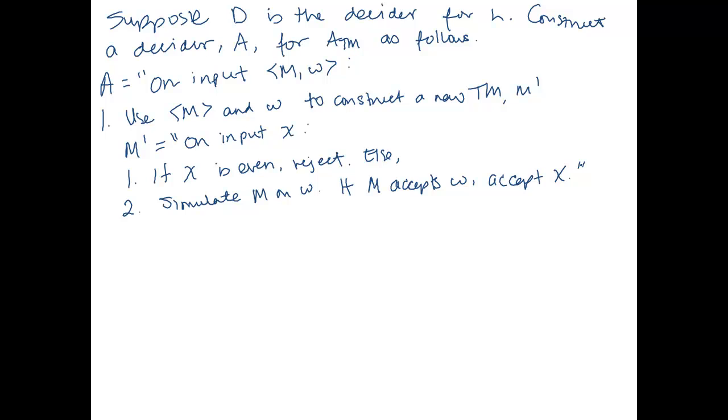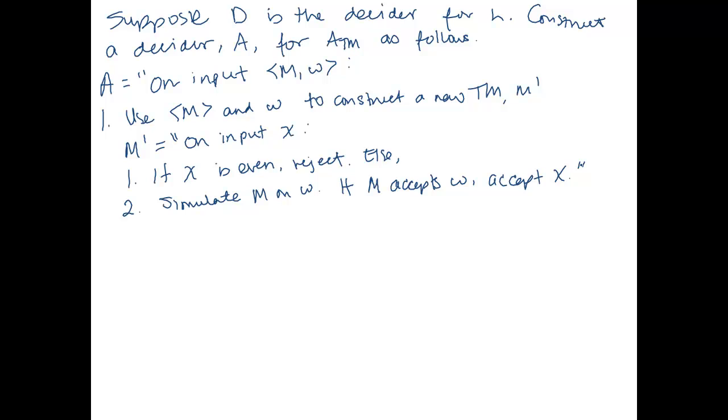Notice that M prime is automatically going to reject all even strings. So if we get to step 2, it's because X is odd. And then after we simulate M on W, we only accept this odd string X if M accepts W. So it will accept every odd string X if M accepts W, no matter what odd input X I give it.